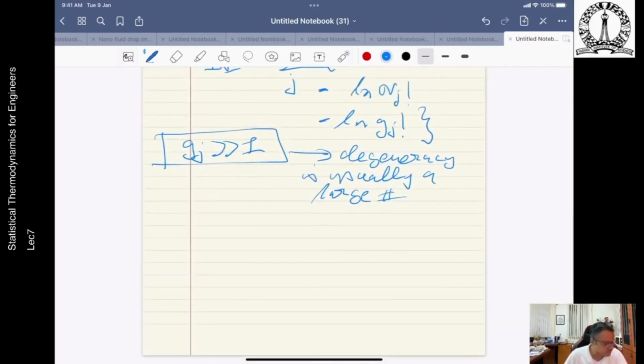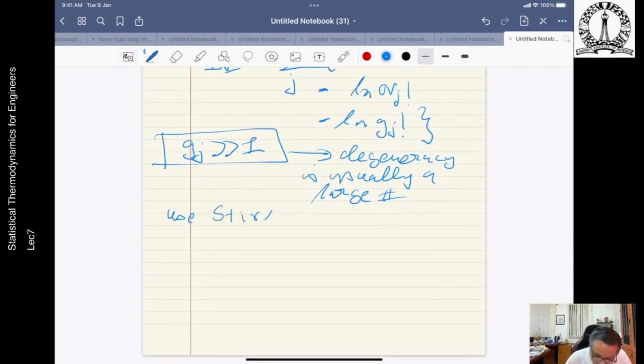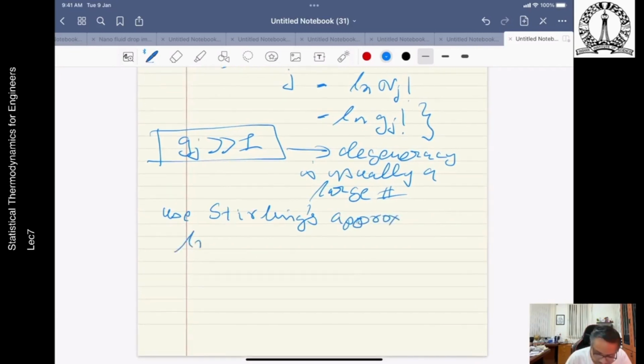Okay, so use the Stirling's approximation, which is basically ln n factorial is equal to n ln n minus n.